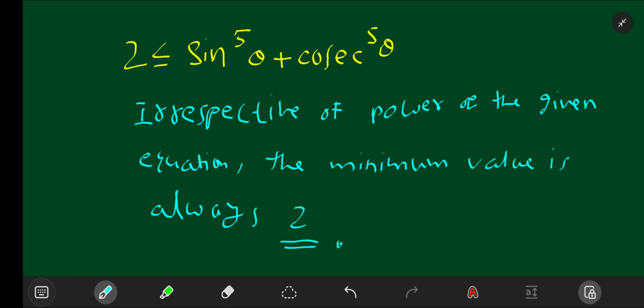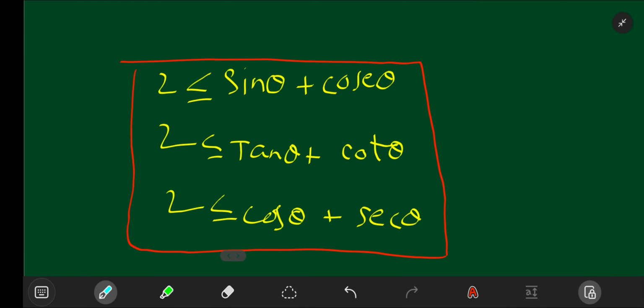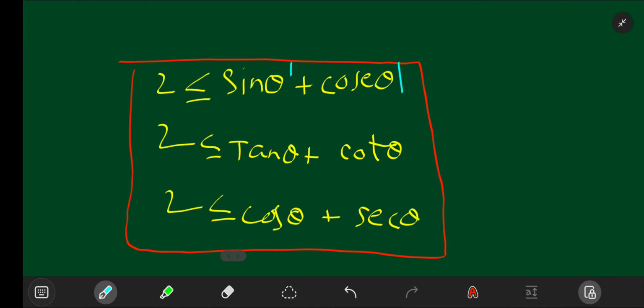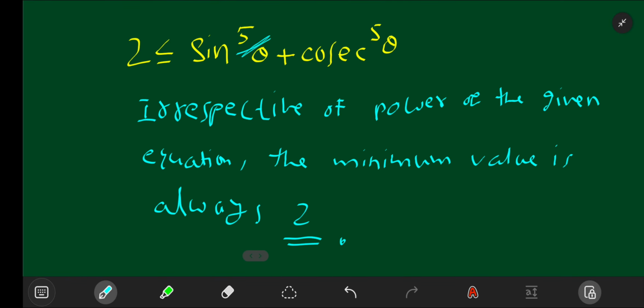Always 2. Okay. Whether the power 1 is there, or 2, 3, 4, 5, 100, 200, whatever the number is there, we do not consider that power. Irrespective of the power of the given equation, the minimum value we can directly write as 2.